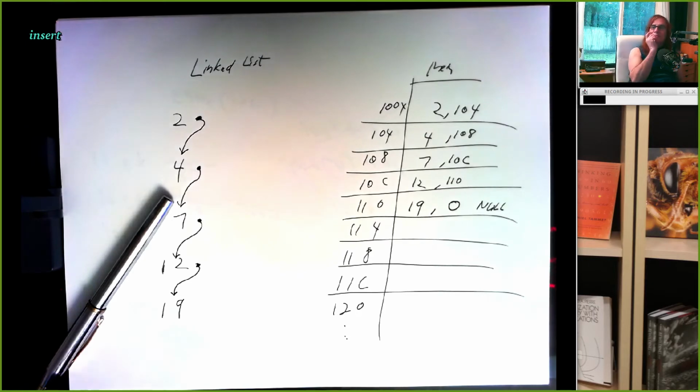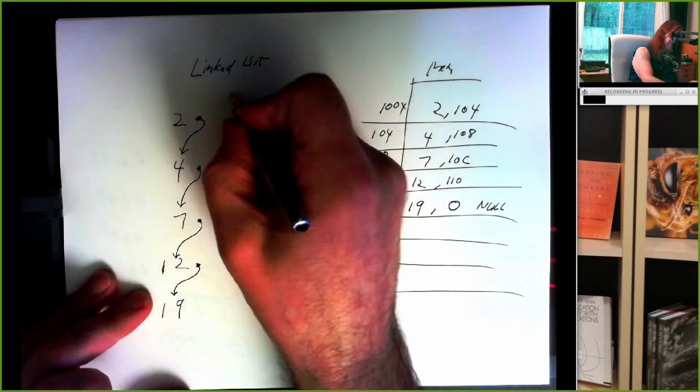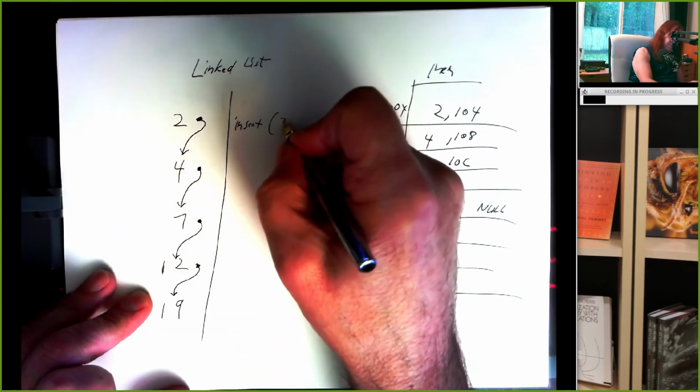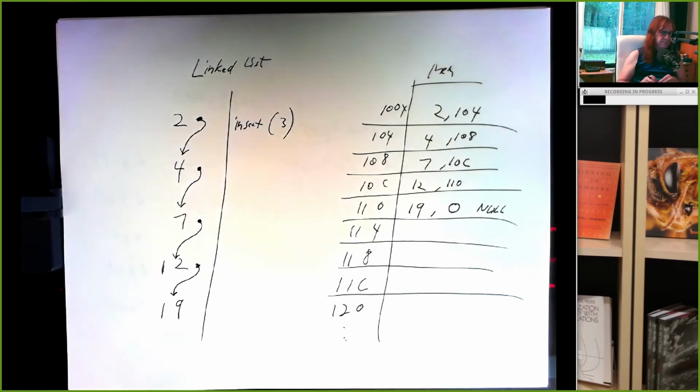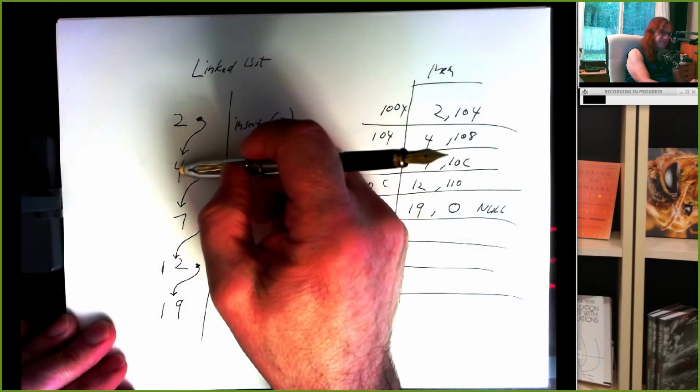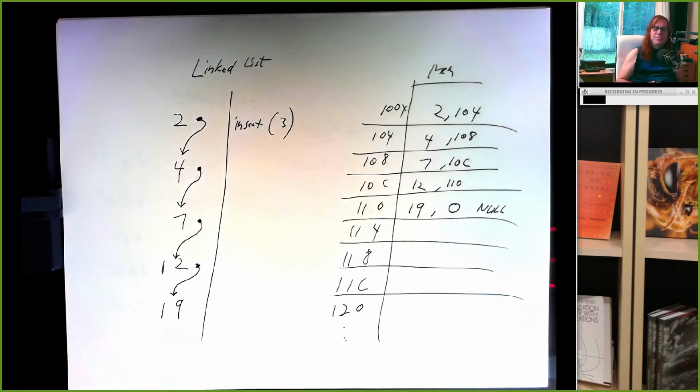All right, how do we insert into this list? Suppose I want to insert a 3. Well, if this is an array, the 3 has to go right after the 2 and before the 4. We would have to move everything down in memory. But in a linked list, we don't have to move a whole lot of stuff around to do an insert.